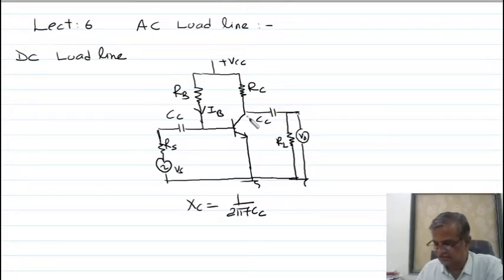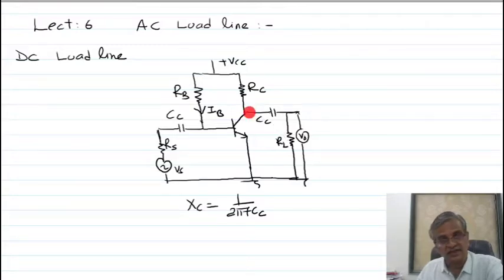As a result, DC does not pass; only the AC signal passes. This resistance offered by the coupling capacitor is called reactance, and it depends upon the frequency. For DC, the frequency is 0, and 1 upon 0 is infinite. So it offers infinite resistance to the DC, and the DC of the collector does not pass.